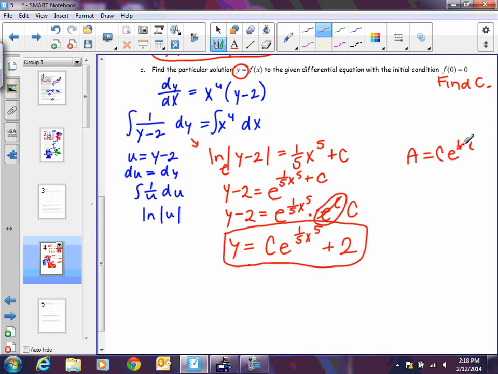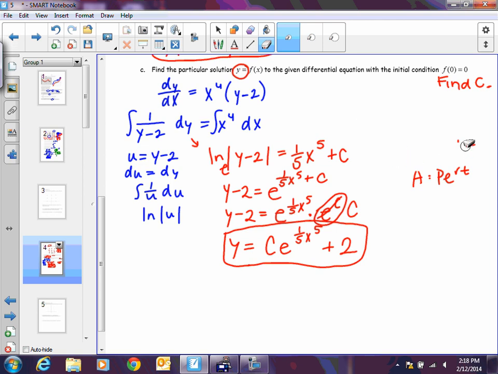Have you ever seen this? It's in the money problems with the half-lives, bacteria, money in the bank, all of this is this format. That's why I wrote it that way. That's why I made it a big deal that we got c in front. We're going to talk more about that tomorrow.